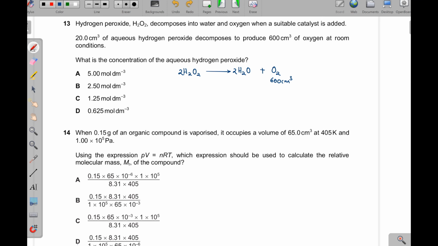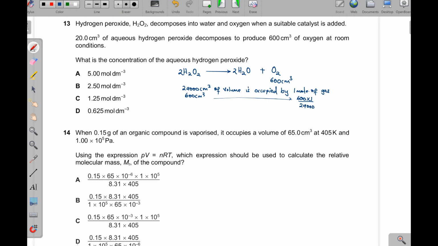So that means if we know that 24,000 cubic centimeters of volume is occupied by 1 mole of gas, that means the 600 cubic centimeters of volume would be occupied by 600 times 1, then divide by this one here.